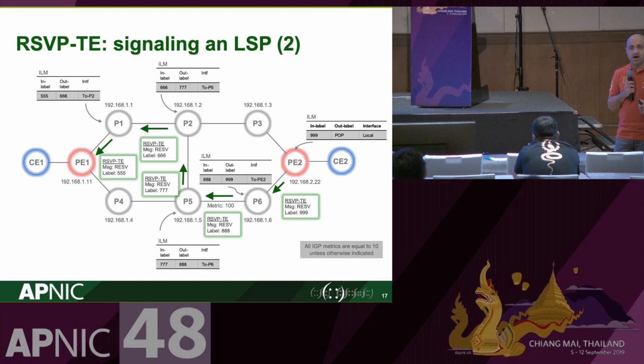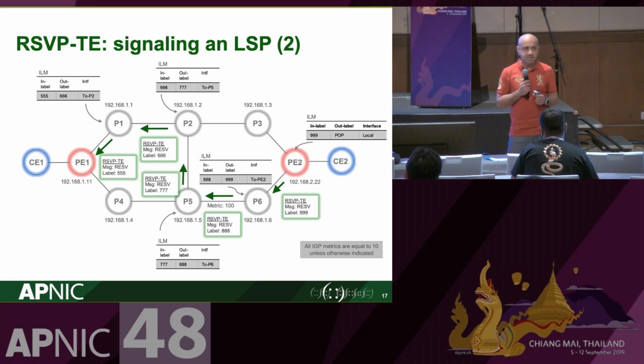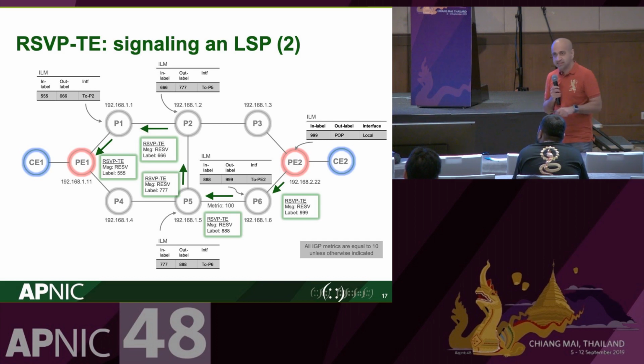So that's the path of the LSP that it'll take. Now, one key difference here between LDP and RSVP-TE is that if you built another tunnel now between PE1 and PE2, it would go through the whole process again. It would go through the path messages, it would go through the reservation messages, and would assign completely new labels.